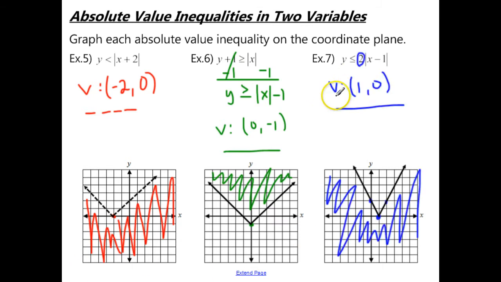For number 7, your vertex is the point (1, 0). Remember, it's always the opposite of what it looks like in there. This is going to be a solid line. So you plot your vertex, and then remember, whenever you have a number for a, this is what you're going to use for your slope to the right from the vertex. So we went up 2 over 1, and then you have to mirror it to the other side, up 2 over 1 to the left as well.